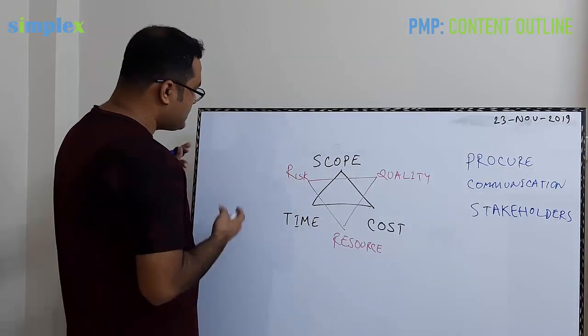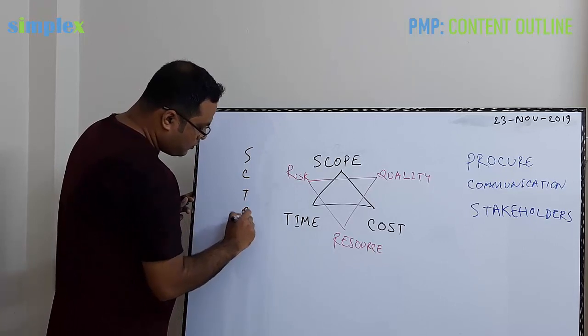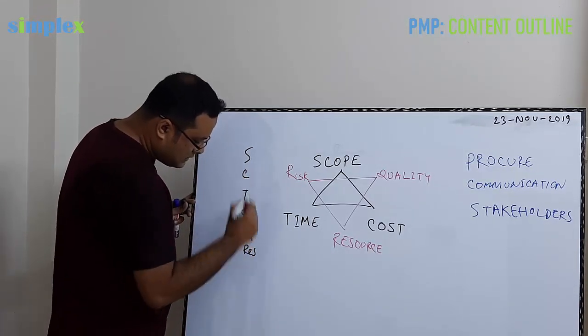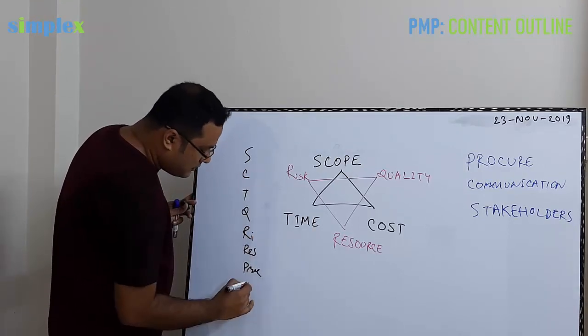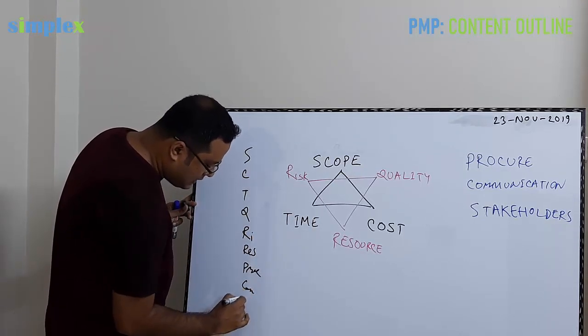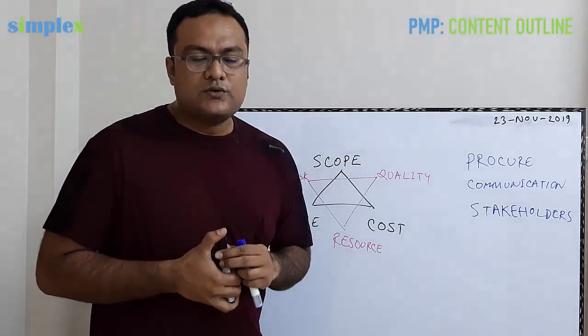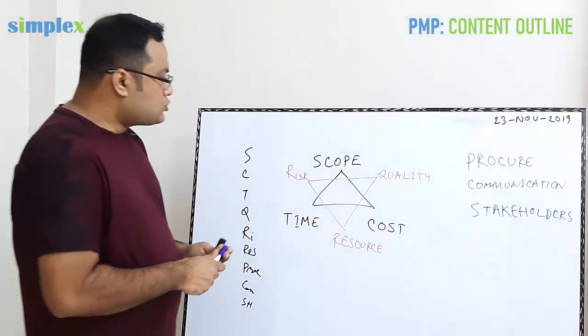If I summarize: scope, cost, time, quality, risk, resource, then procurement, then communication, stakeholder.